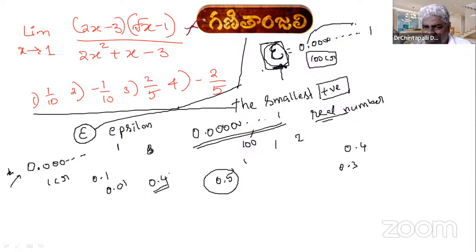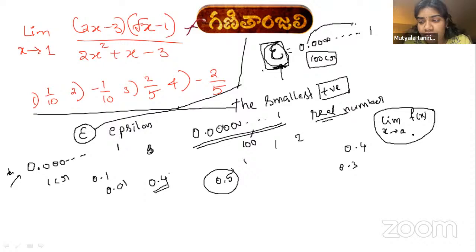Why I am having this discussion is we are just doing sums in limits. Limit x tends to a of f of x, we write just this notation and do sums. But the definition is somewhat complicated.